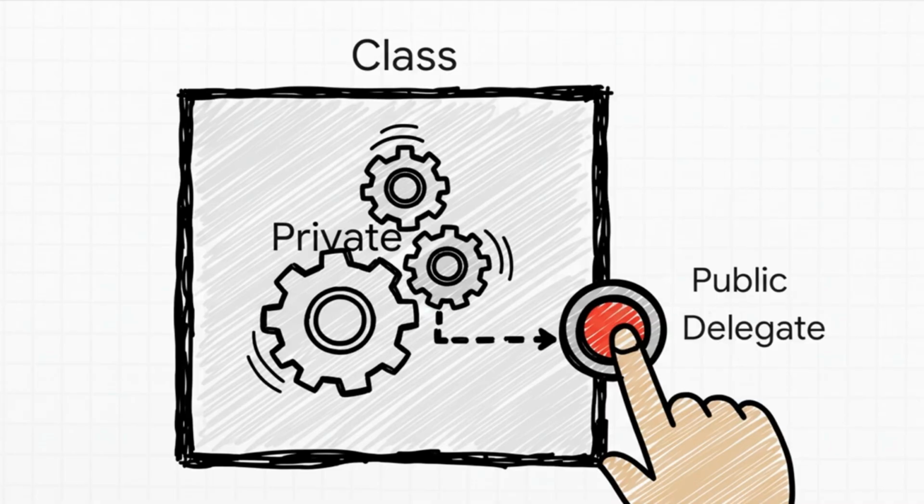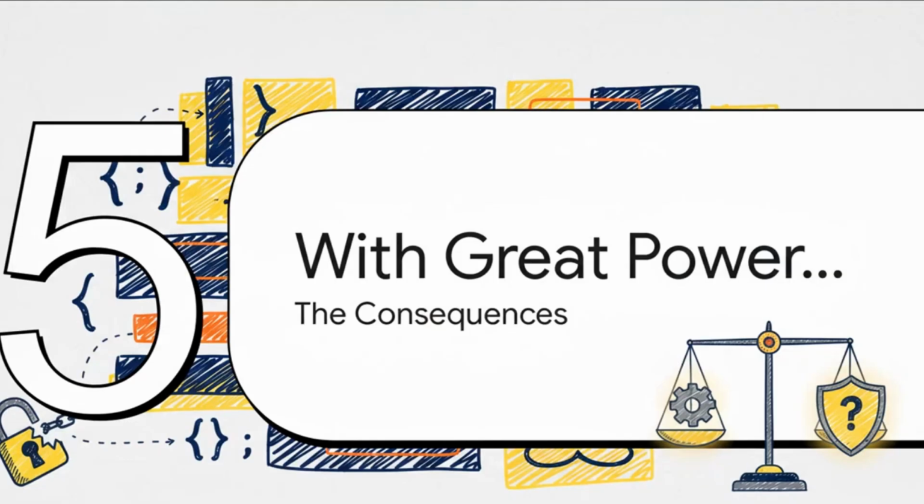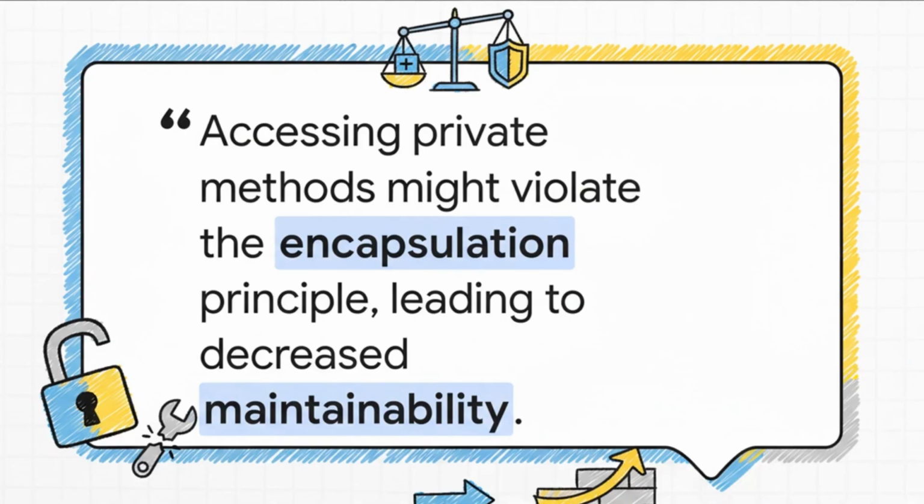Pretty neat, huh? So, we've just looked at some seriously powerful techniques, from the brute force of reflection to the elegant little tricks with delegates. But this is where we have to take a breath and remember that famous line, with great power comes great responsibility. And you don't just have to take my word for it. The source material for this explainer puts it perfectly.